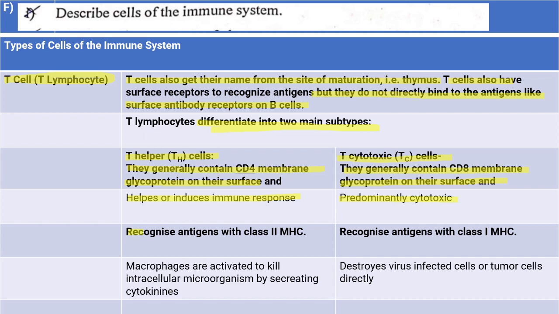Helper T cell recognizes antigen with class 2 MHC, that is the major histocompatibility complex, and cytotoxic T cell recognizes class 1 MHC.